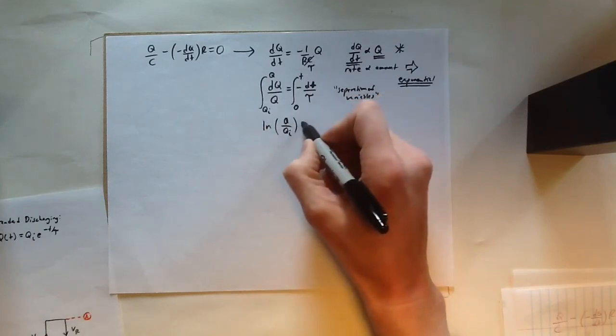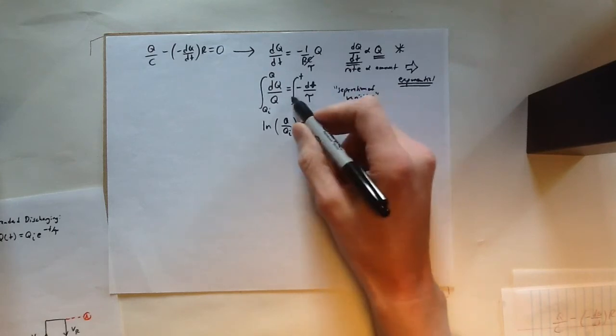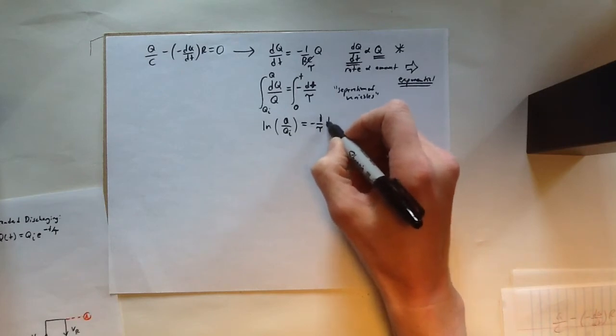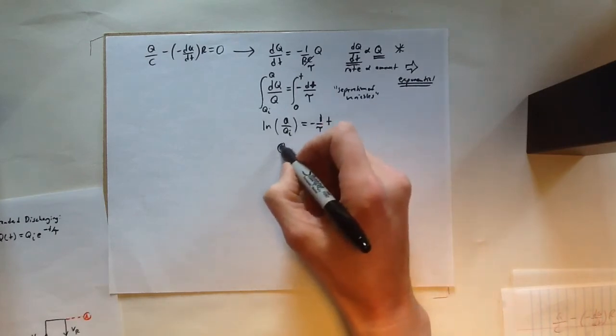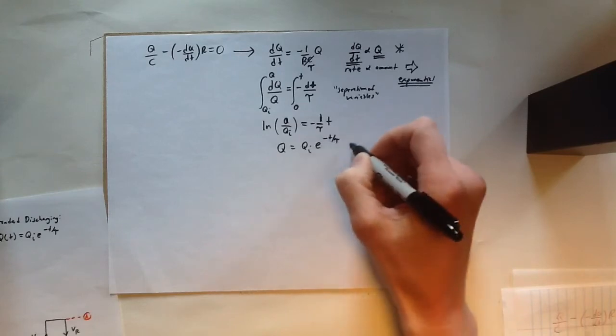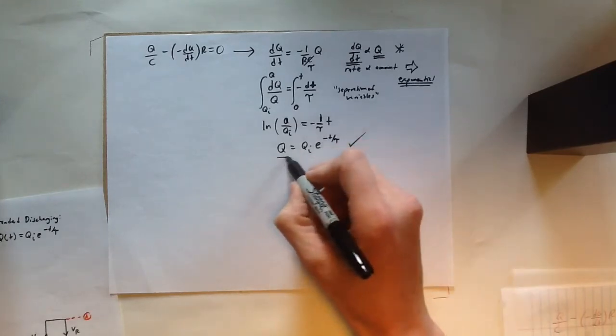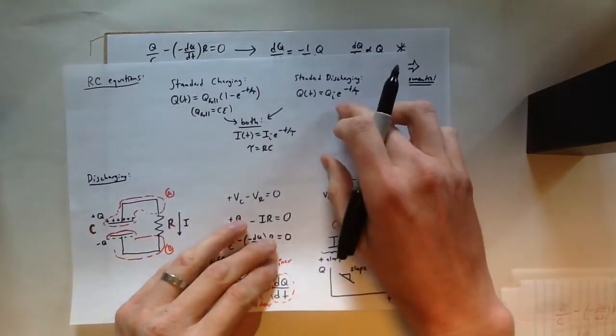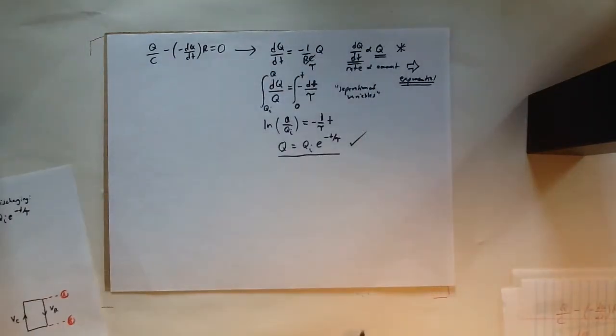And over here, of course, minus 1 over tau is a constant, so the integral of dt, we just get t. And when we solve this, we get exactly the equation that we said we get. So the thing that was just handed to you before, the standard discharge equation, that's where it comes from.